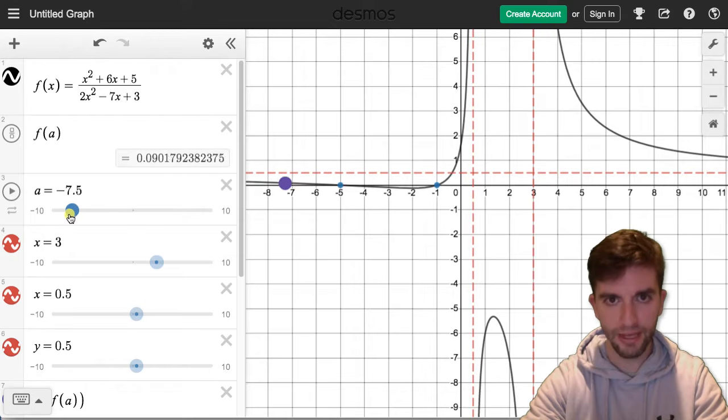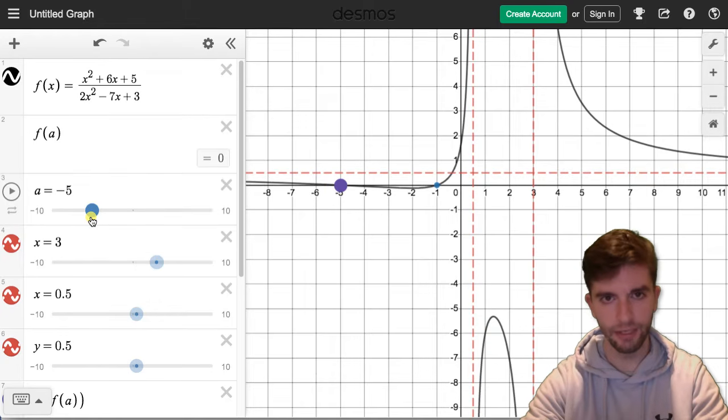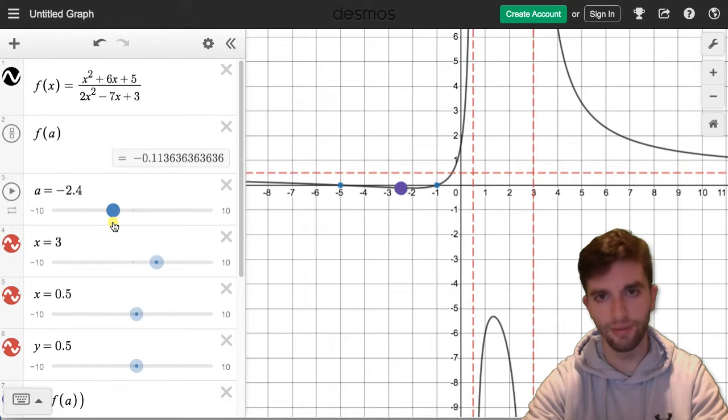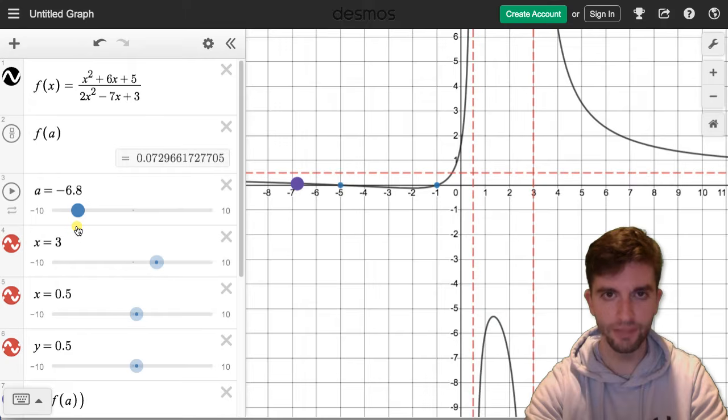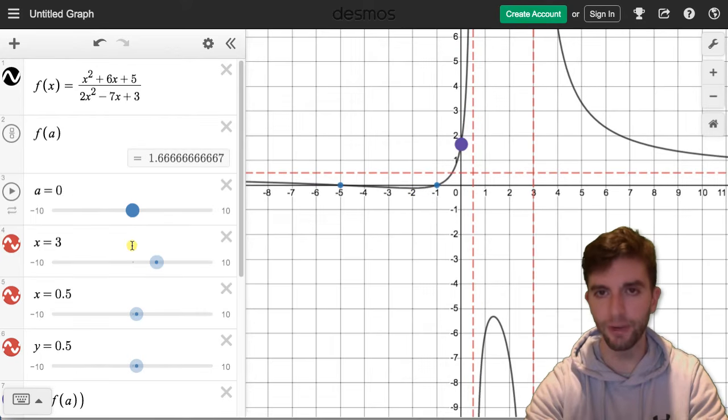So before the x-intercept of -5, notice all those y values are positive. But after the x-intercept of -5, the y values become negative. So at the x-intercept of -5, the function switched from being positive before to being negative after. And then at the x-intercept of -1 is the place where it switches back from being negative before to positive after.